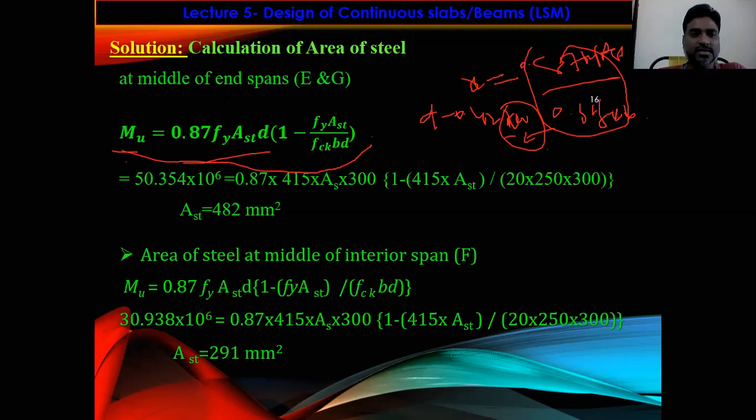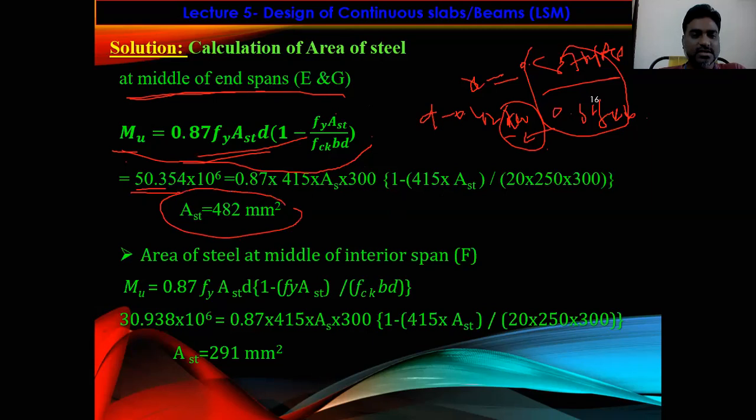First I would like to calculate the reinforcement at the middle of end span. At the middle of end span, the bending moment is 50.354 kNm. So for the reinforcement required, substitute 50.35 into this equation.